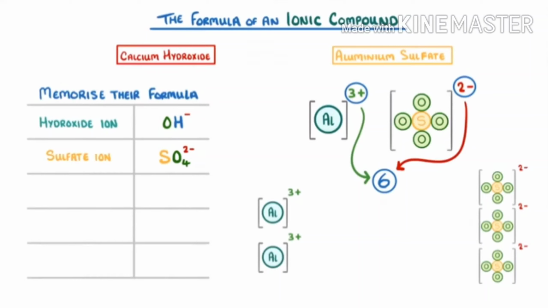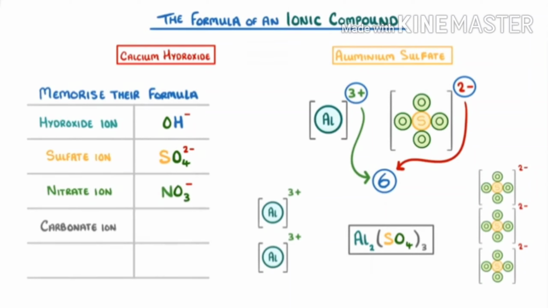Hence, the formula for aluminium sulfate is Al2(SO4)3, because we have to equalize both positive as well as negative charge.